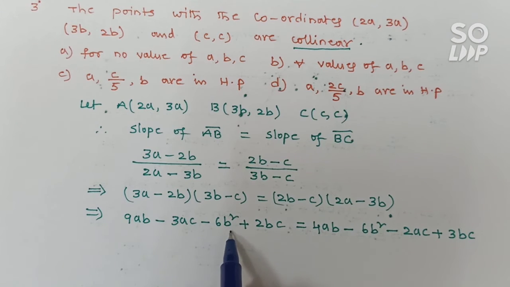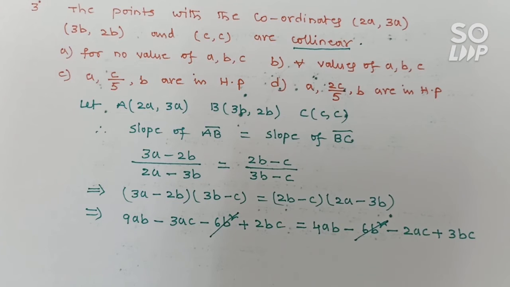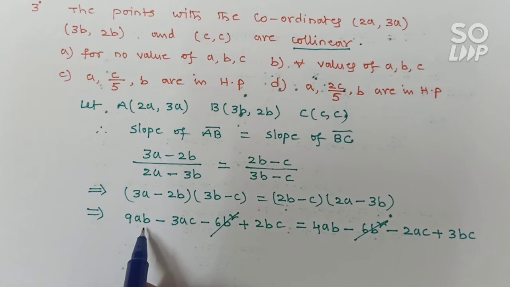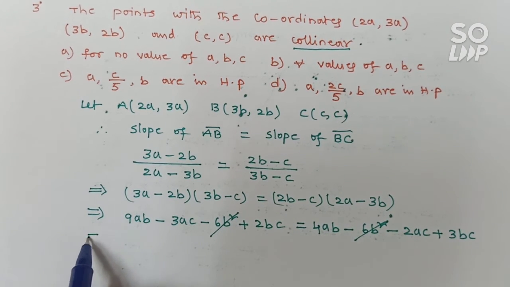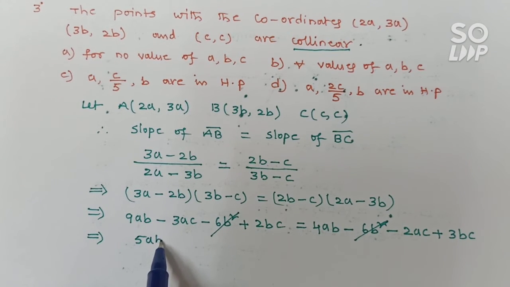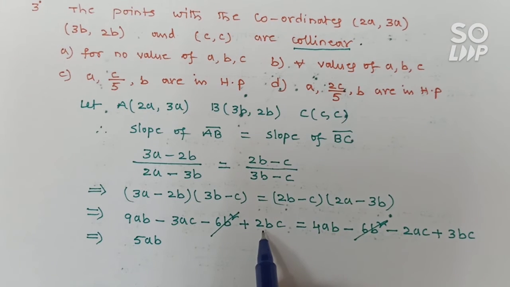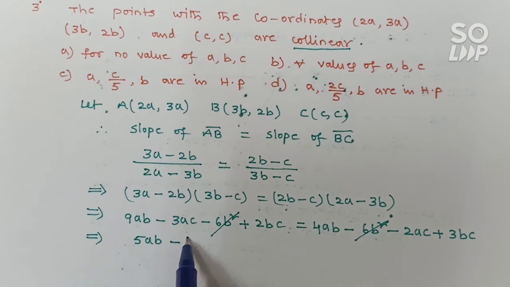On the left side minus 6b square and on the right side also minus 6b square will be cancelled. Now 9ab is on the left and 4ab on the right, so that becomes 5ab. Here plus 2bc and plus 3bc, you get minus bc.